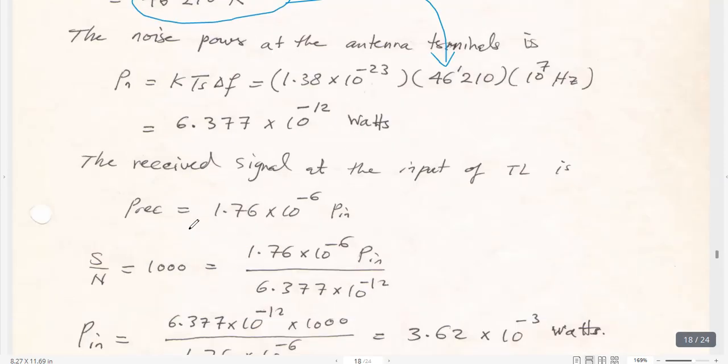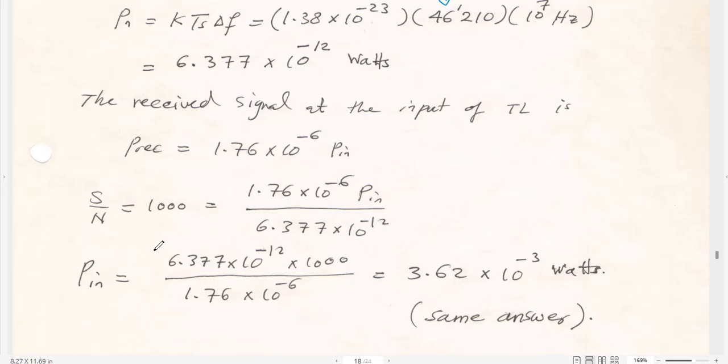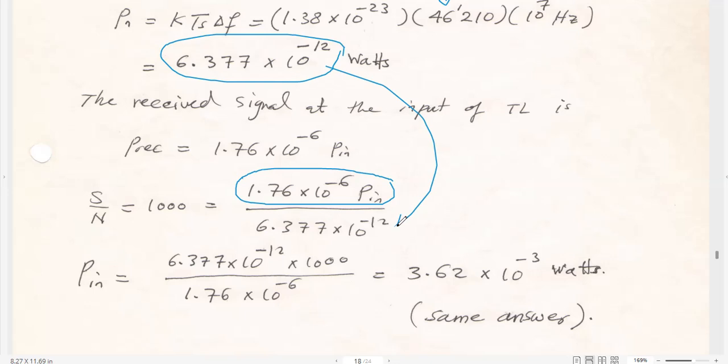So we said P received is 1.76 times 10 to the minus 6 P input, and the signal to noise ratio is 1000. It is equal to P received, which is 1.76 times 10 to the minus 6 P input. Signal is P received, and the noise is given by this equation here. We put here the noise, and we have one unknown in this equation, which is P input.